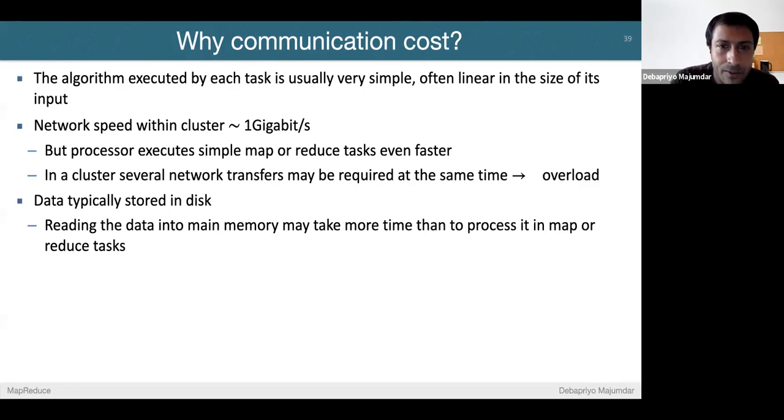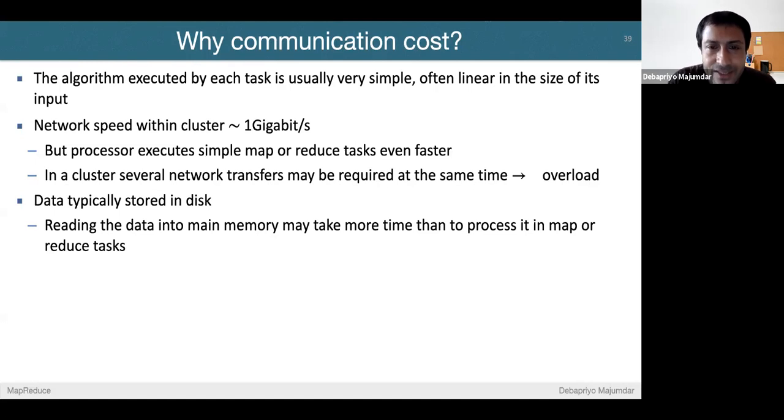Another point is that typically the data is stored on disk, and linear computation, just after you have read the word, outputting w comma 1, doesn't take time. What takes time is reading the word and writing the w comma 1 part. So there are two essential things where the main cost goes.